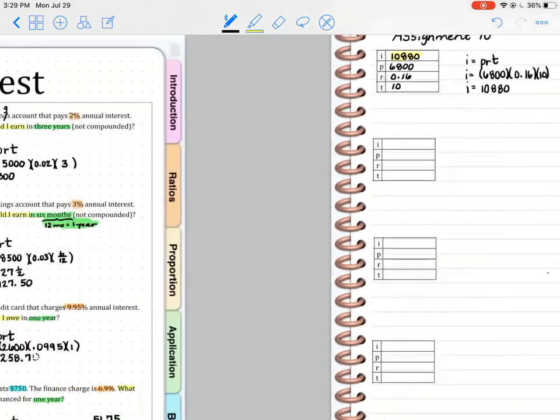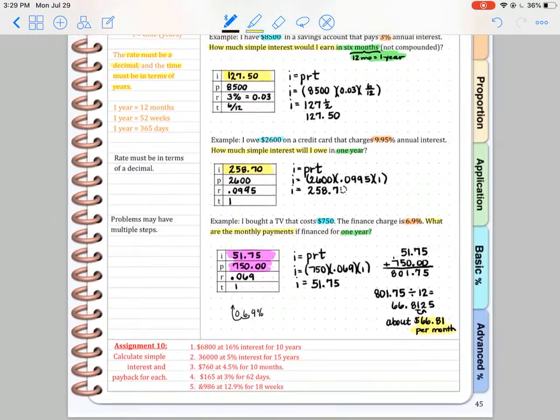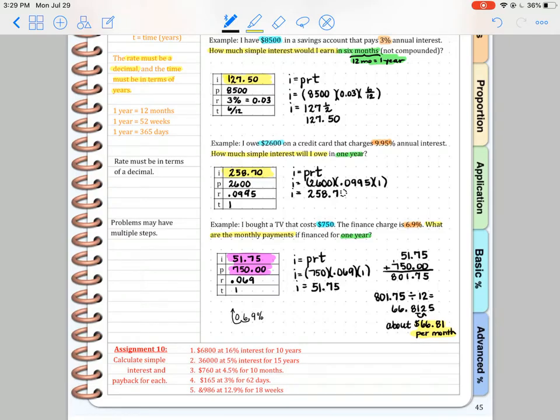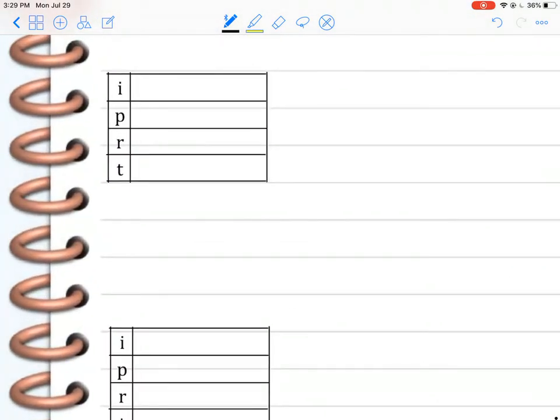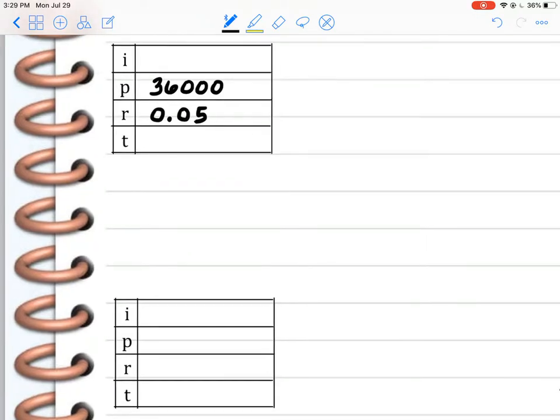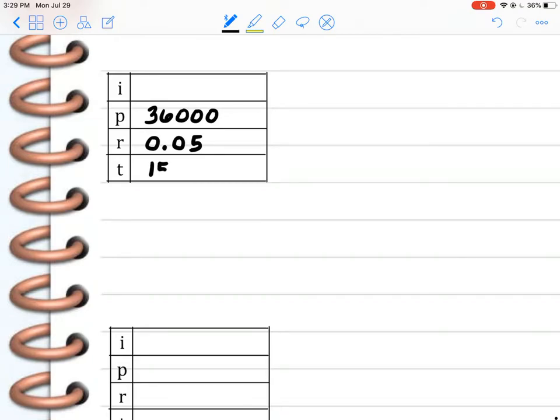Okay, number 2. $36,000, 5%, 15 years. So your principal is the big sum, $36,000, at 5% for 15 years.